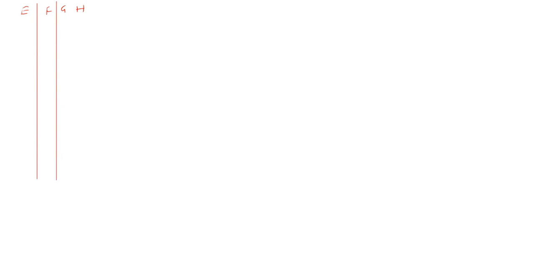So these are our inputs. So we are going to have 16 rows in our truth table. You start from the first input E, and you alternate.